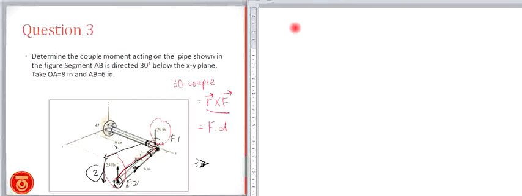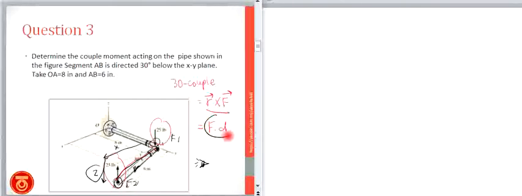Another method to solve this is using F dot D. What you need to understand is D is the perpendicular distance. So what is the perpendicular distance here?